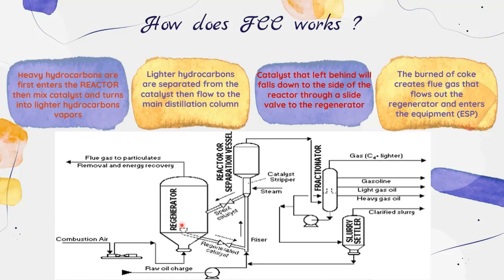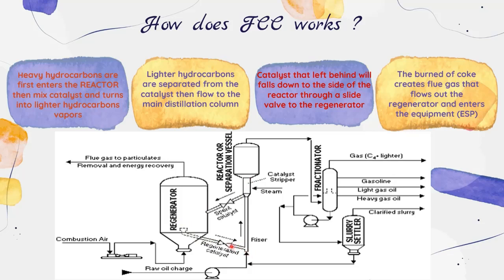We want to burn off this coke because the coke may inhibit the progression of the process by binding to the catalyst. Okay, next, the catalyst then moves back to the reactor through a valve and the cycle is repeated.